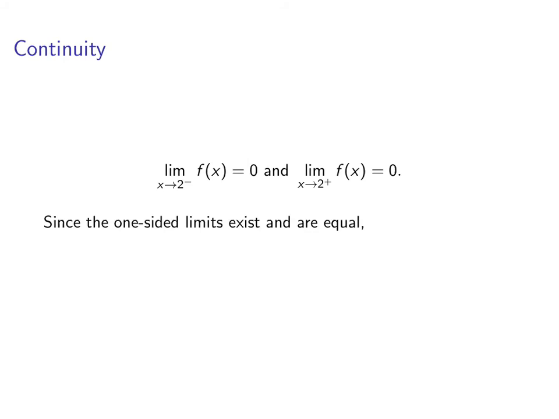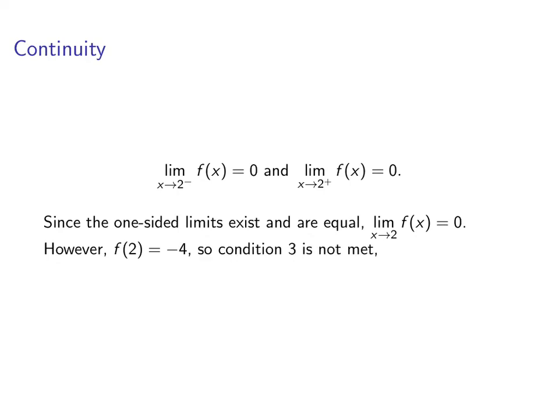So the one-sided limits exist and are equal. That tells us that the two-sided limit is equal to 0. But remember that f of 2 is equal to -4, so the third condition is not met. The value of the function is not equal to the limit of the function, and so f of x is discontinuous also at x equals 2.